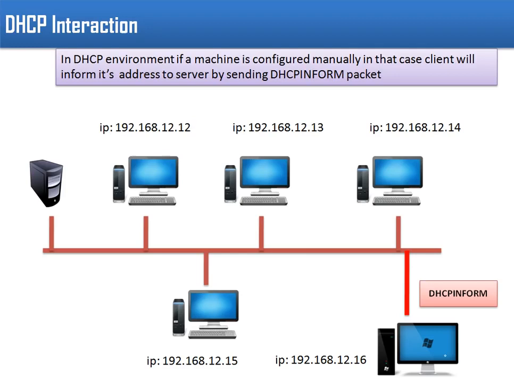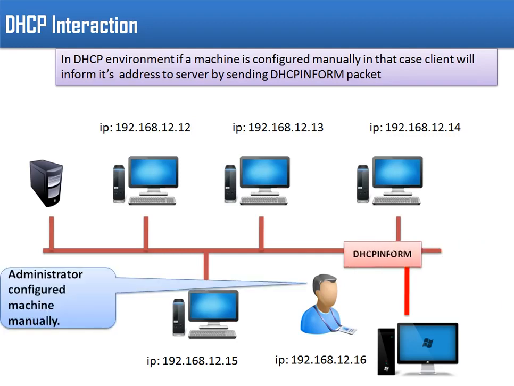We have a DHCP server, but still that configuration was done manually, and this person has supplied the IP address and all the details to this machine. Whenever such a scenario happens, this machine sends all the networking details to the DHCP server, so there won't be any kind of inconsistency.